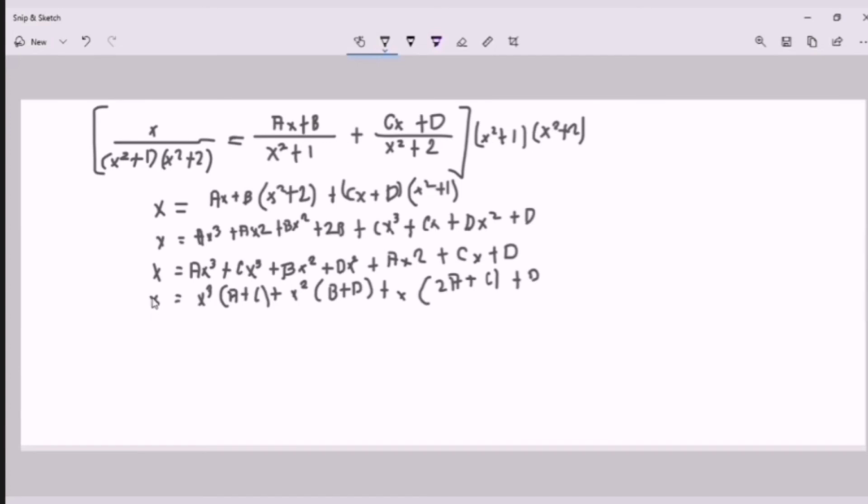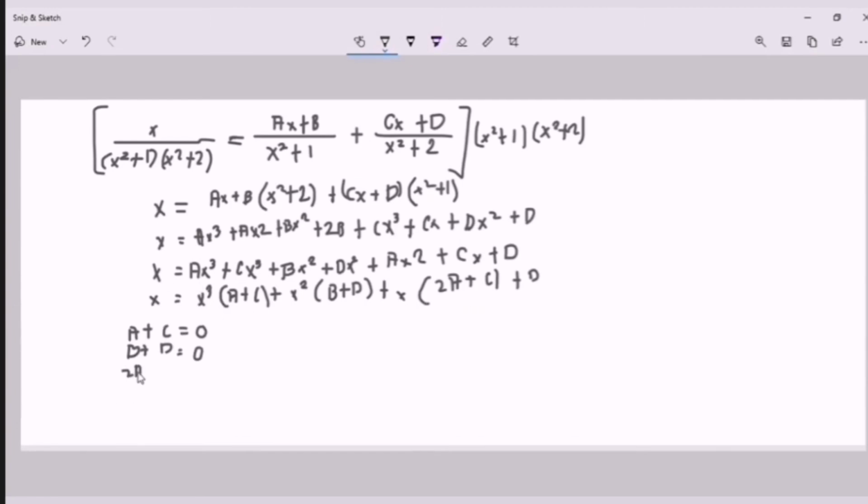So as you can see, we only have a linear term on our left side of the equation, and on the right side we have a cubic equation. So that means that the other coefficients would be equated to 0 except for the linear term. So that gives us a plus c equals 0, which is the coefficient of the cubic term.